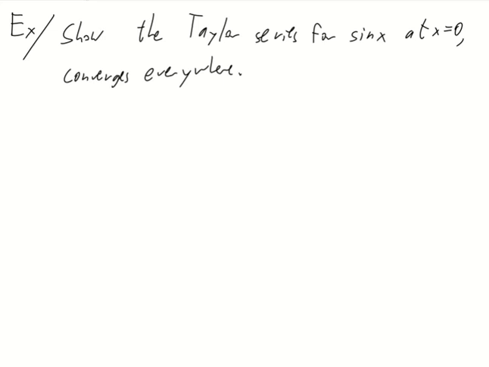This one's a little easier, since if we're trying to do that, we can use the remainder estimate to show that, if f of x is sine x, then the nth derivative is always less than or equal to 1.